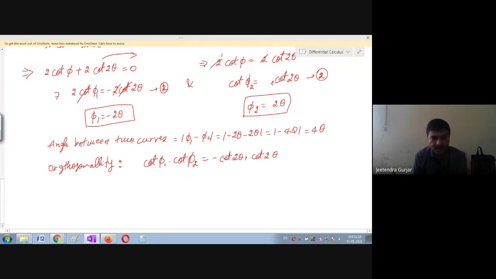This is in terms of negative terms. Can you use any other formula for cot 2 theta into cot 2 theta? Any idea, friends? Otherwise, this is in terms of minus, so it satisfies.